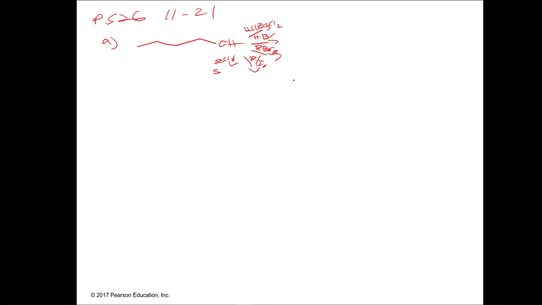So with HCl, ZnCl2, obviously you're going to get 1-chlorobutane, bad yield. HBr, bromine, PBr3, bromine.